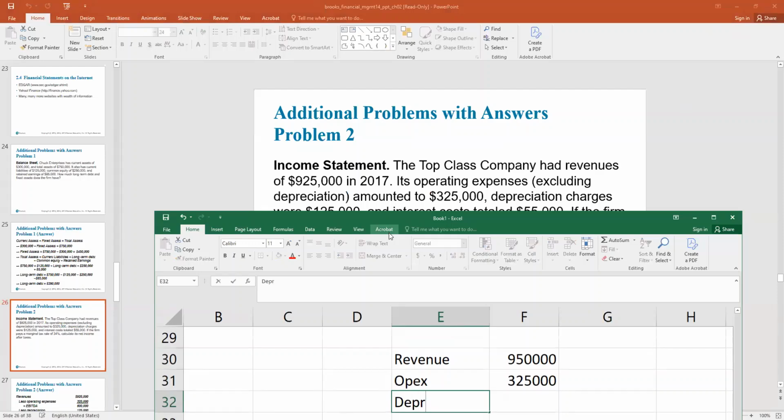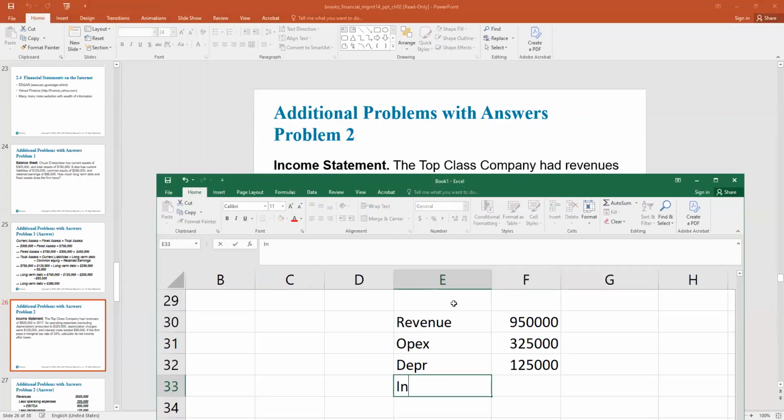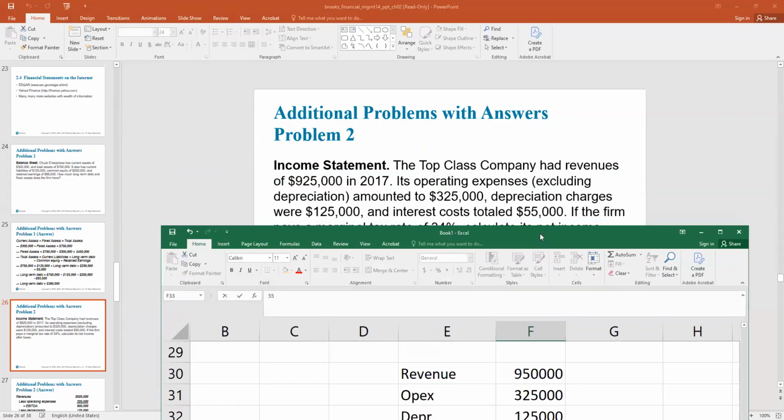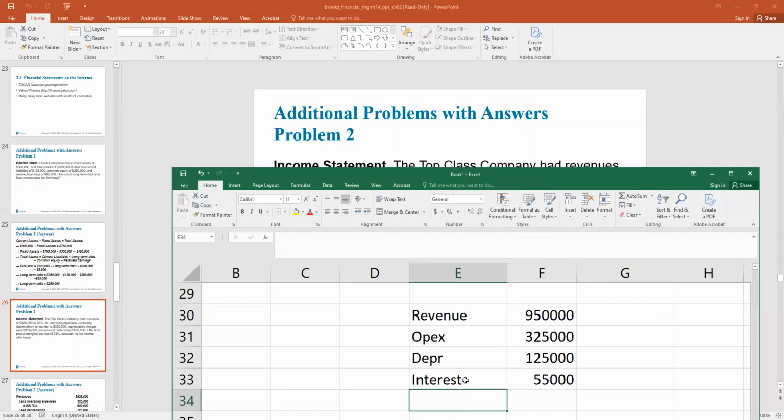And depreciation expense is 125, if I'm not mistaken. Interest expense is 55,000. Tax rate is 34%. Calculate the net income after tax.